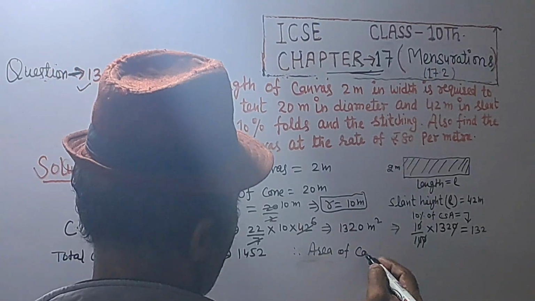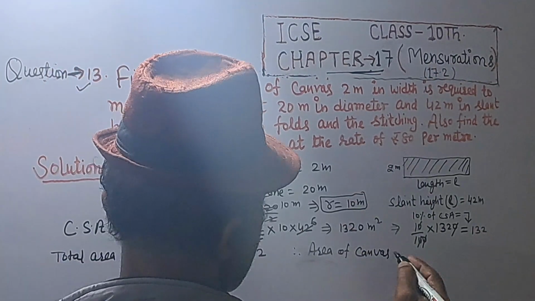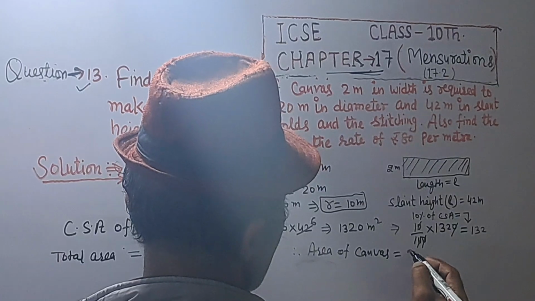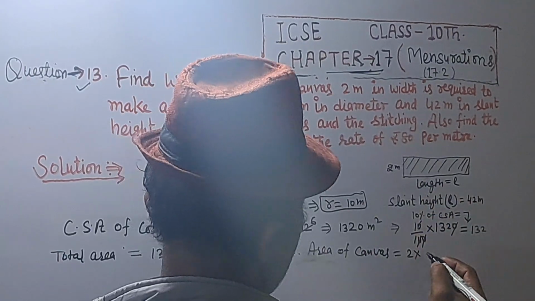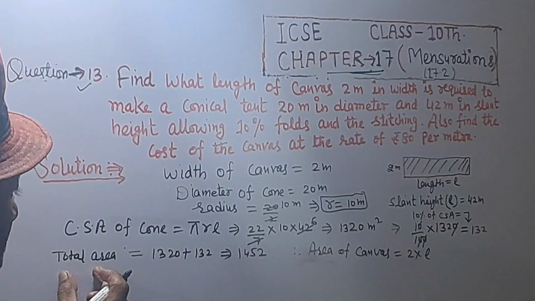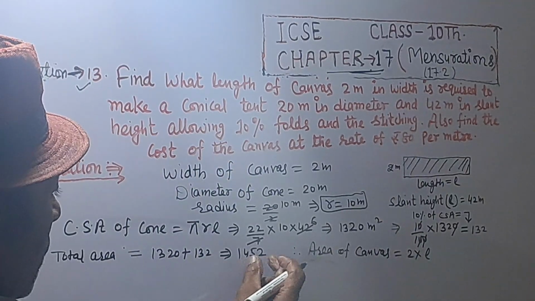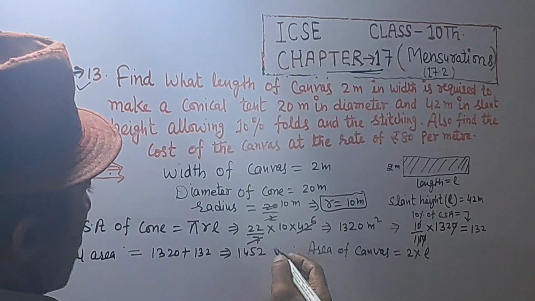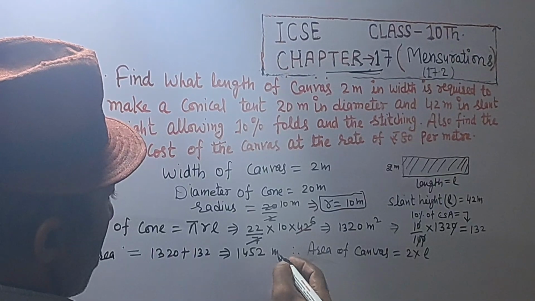Area of canvas is equal to 2 multiplied by length L, that is equal to 1452 meter square.